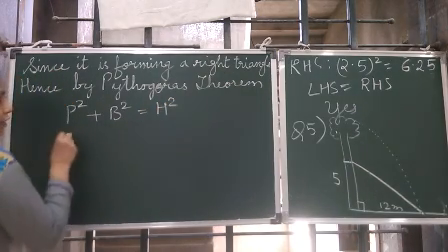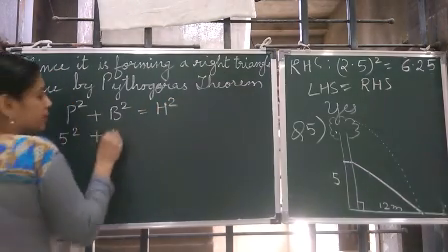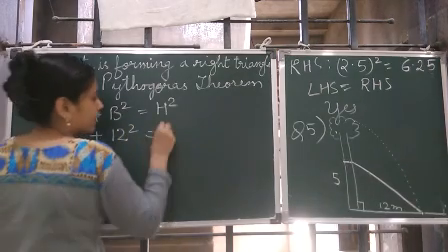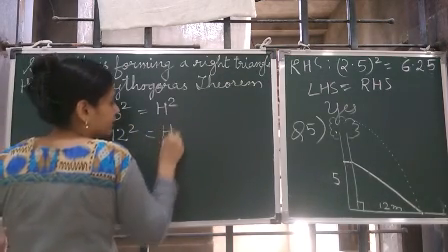What is the perpendicular? 5 square. What is the base? 12 square. What is the hypotenuse? We don't know, so let it be h only.